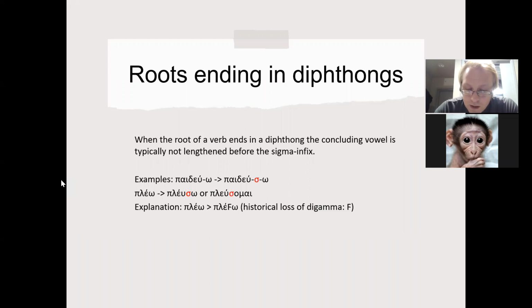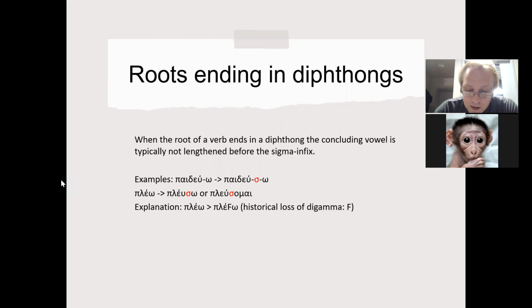So, for instance, the active future indicative of pleo, I sail, is pleuso. Or actually, the future form of this verb is much more common in the middle voice, pleusomai. But in this case, the irregular future forms are explained by the historical loss of an original letter, which had fallen out of use in the classical age.